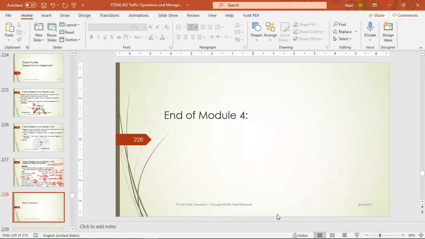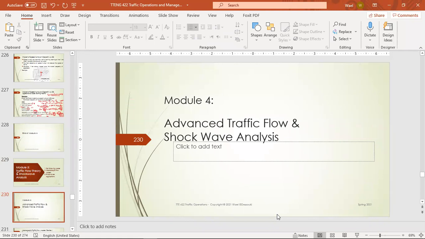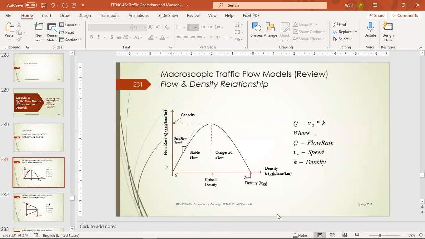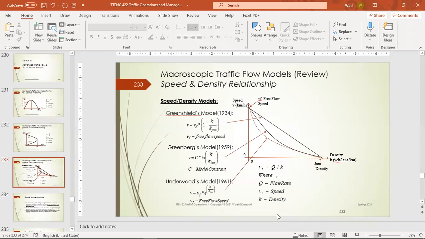Okay, I'm going to give you some hints about module 5, which is basically traffic flow theory and shockwave analysis. This is the beginning of advanced traffic flow and shockwave analysis, and we are going to start with macroscopic traffic flow models, which is basically the relationship between the flow rate and the density, and the speed density, the speed flow rate relationship.